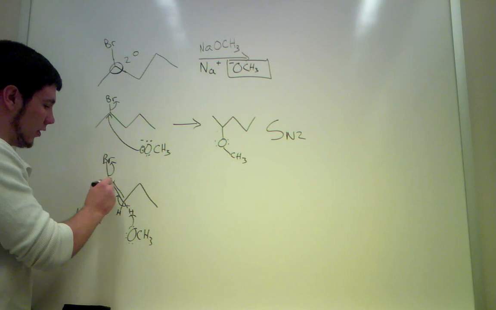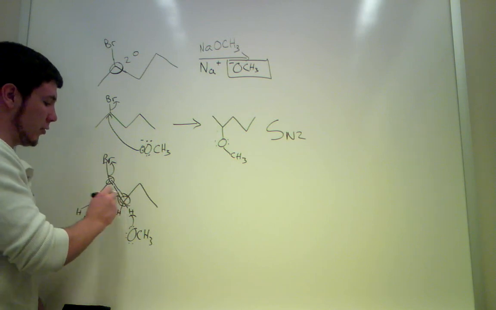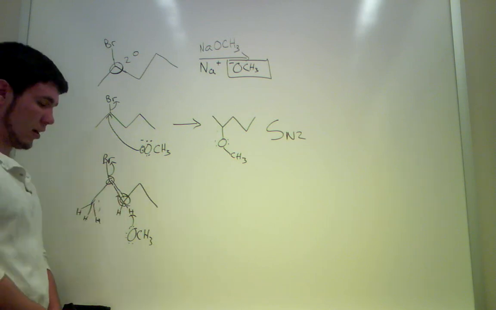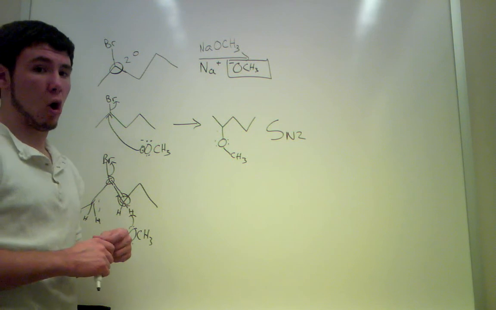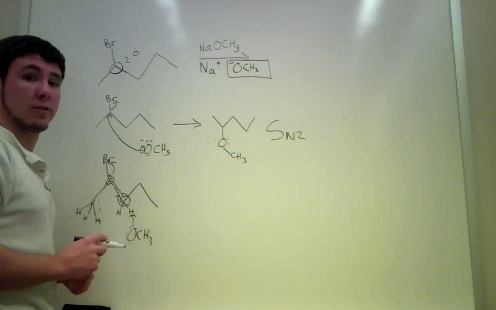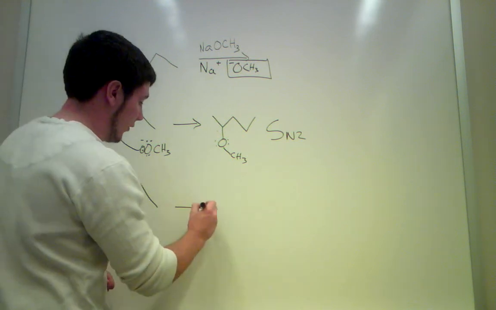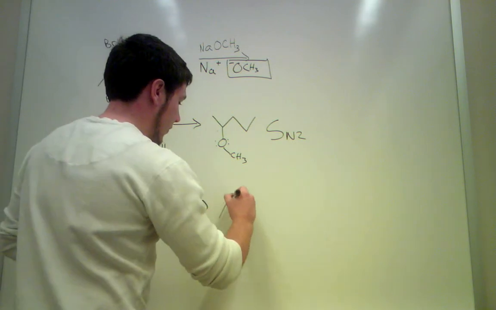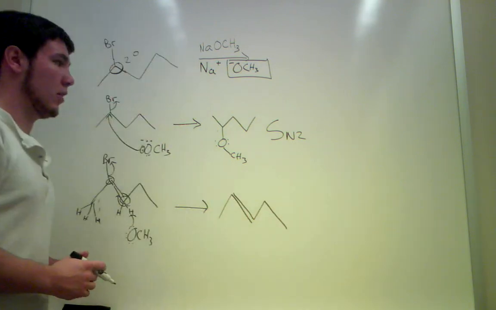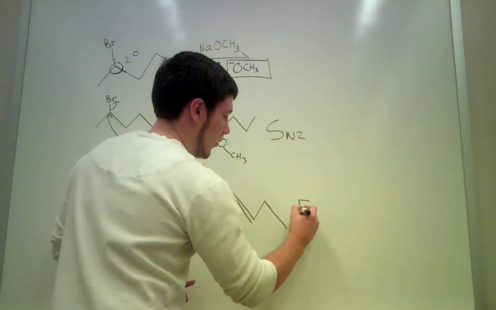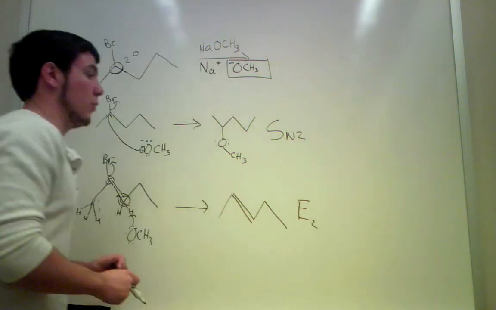And on this one we've got a secondary carbon, and on this one a secondary carbon. Since E2 is concerted, there can be no rearrangement because there's no carbocation formed. So it looks to me like this is going to be the product we're going to have. And this is, of course, for E2.